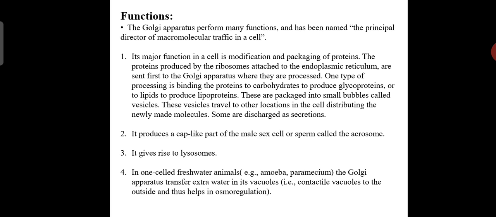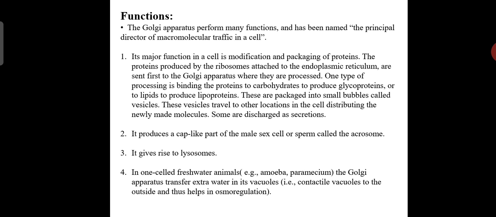One type of processing is binding the proteins to carbohydrates to produce glycoproteins, or to lipids to produce lipoproteins. They are packaged into small bulbs called vesicles. These vesicles travel to other locations in the cell, distributing the newly made molecules. Some are discharged as secretions also.